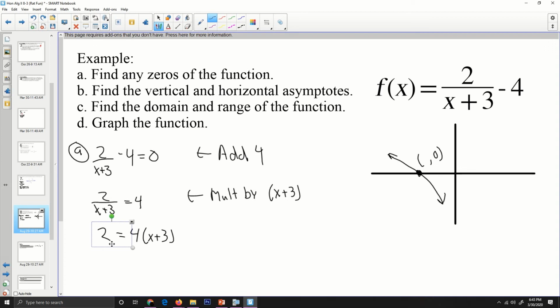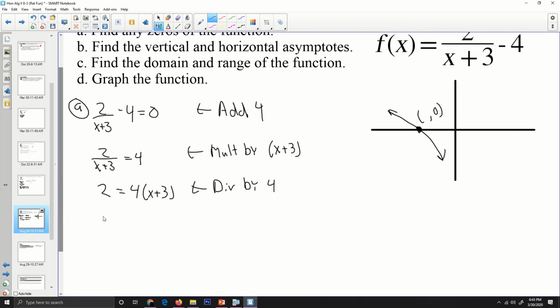There's a couple of things we could do here. We could distribute, that would work, but let's keep it simple and divide by 4. Then I'll get 2 over 4, which will be a half, equals x plus 3.